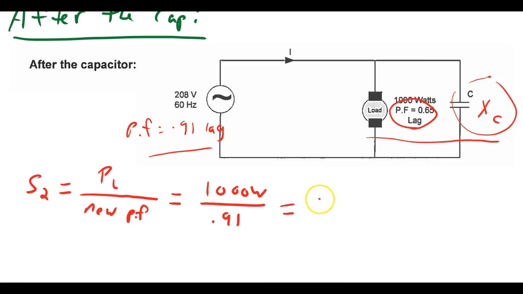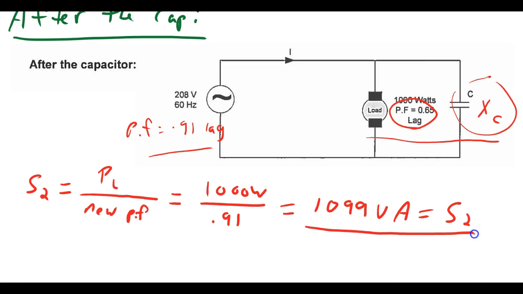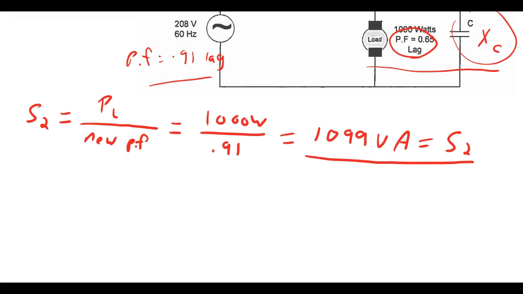And so we would like to then produce a circuit whose apparent power has been reduced to 1099 volt amps from the 1538.5 volt amps we calculated above without the capacitor. And so that would then result in an overall reactive power of Q net.